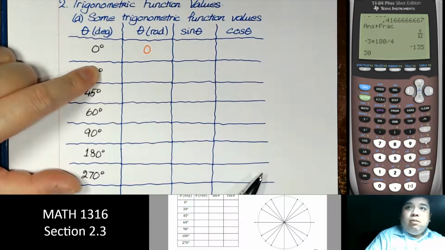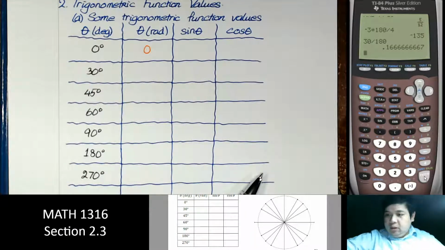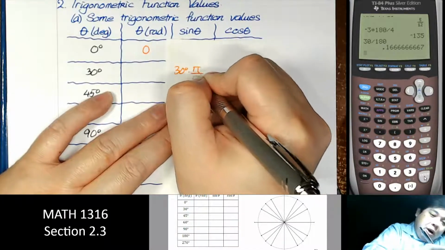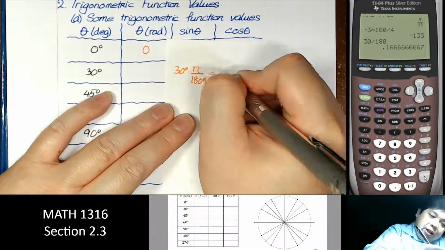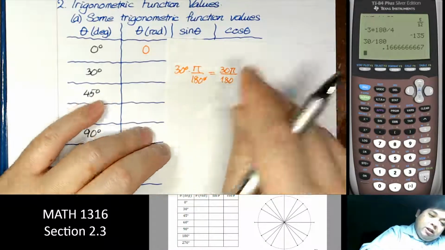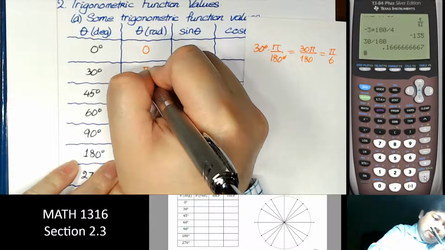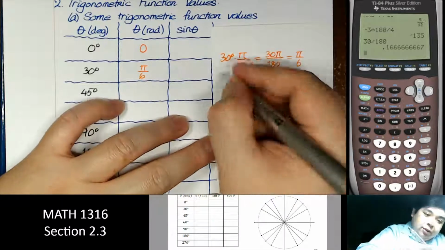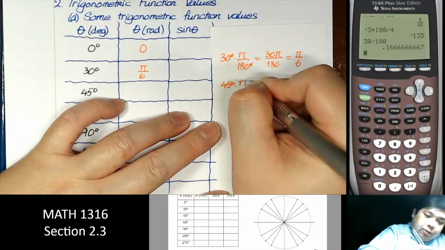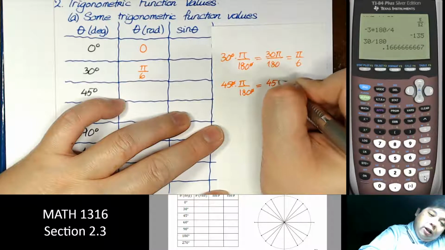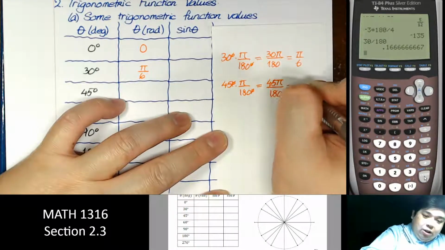30 degrees multiply by pi divided by 180, cancel out the degrees. 30 pi over 180, so pi over 6. 45 degrees, cancel the degrees. 45 pi over 180, cancel out, pi over 4.